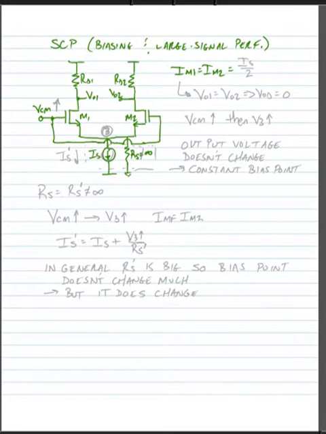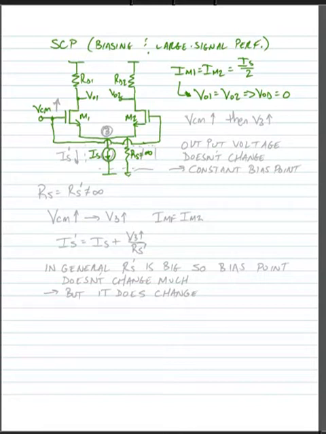So we should say that IM1 is equal to IM2 is equal to IS over 2. Because both transistors are changing at the same time, our output voltages VO1 should equal VO2. In other words, our output differential voltage is equal to 0.